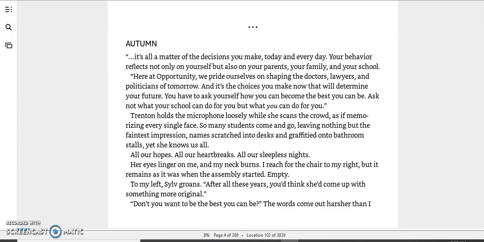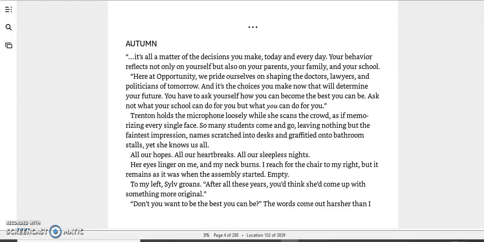You have to ask yourself how you can become the best you can be. Ask yourself not what your school can do for you, but what you can do for you. Trenton holds the microphone loosely while she scans the crowd, as if memorizing every single face.